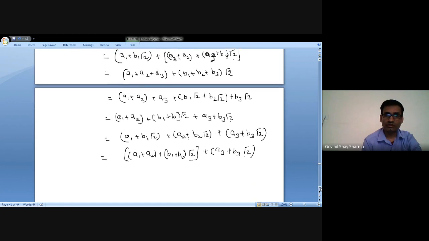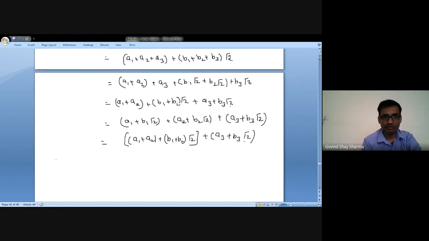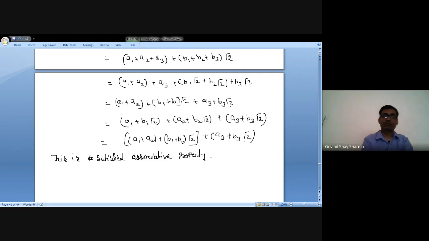This is called associative property. This is satisfied, the associative property.